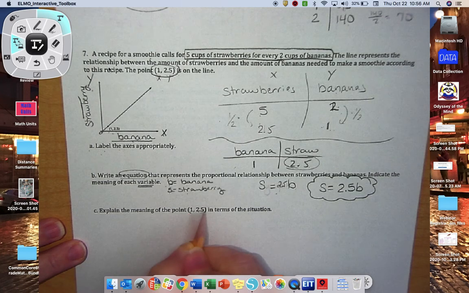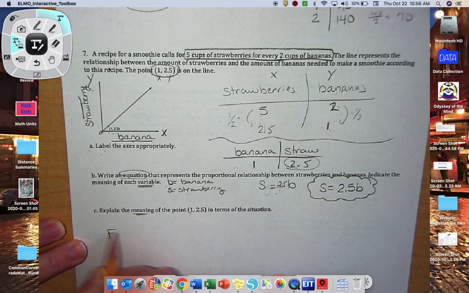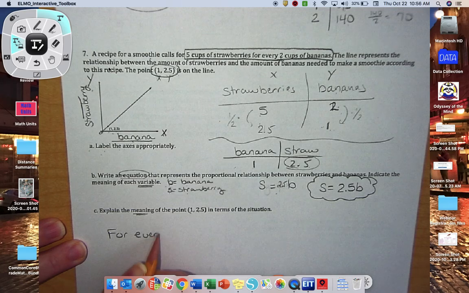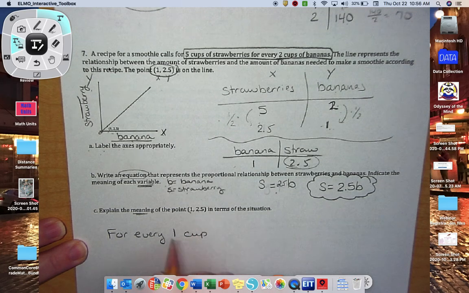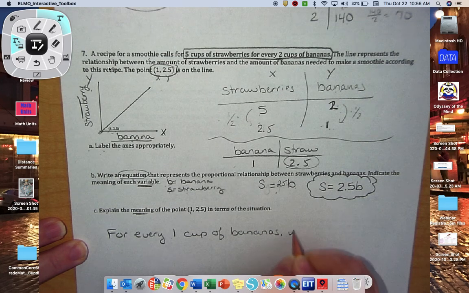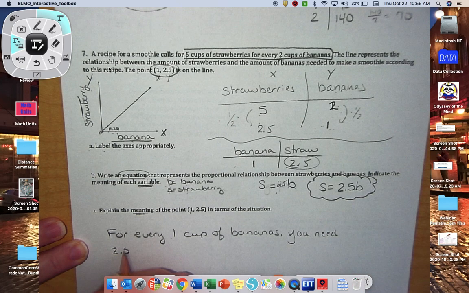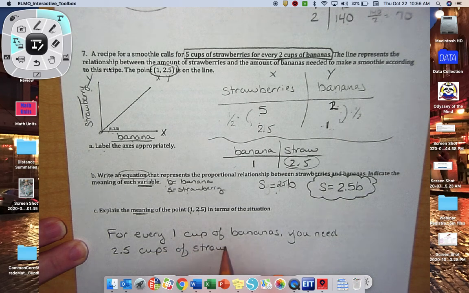So this meaning right here means that for every 1 cup, I got the 1 from right here, of bananas, you need 2.5 cups, got that from there, of strawberries for a smoothie recipe.